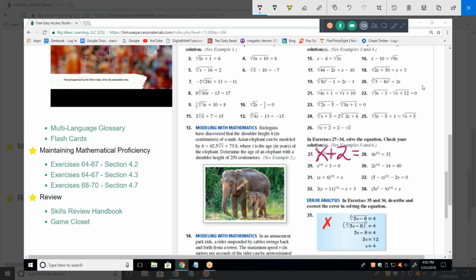Always write what you know has to come next. Do I have to have a negative sign or a positive sign next? Negative. Okay.